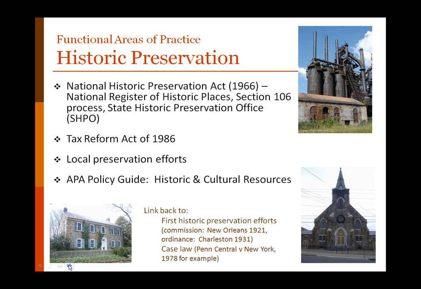In a different state that could be titled entirely different, but they're both the SHPO for the state, and in that role funding comes through them, and they are in charge of helping get things on the National Register. They're in charge of funneling down funds through a certified local government program, things of that nature.